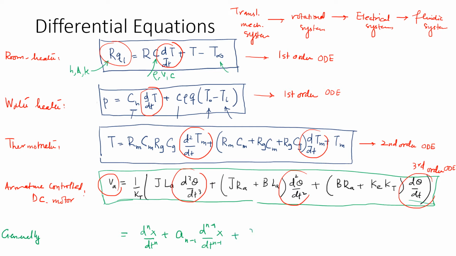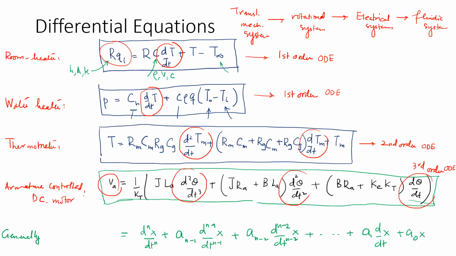Similarly, you can add a_{n-2} d^{n-2} x by dt^{n-2}, and then you can have this whole continuation up to the point where you have a_1 dx/dt, and then added with that a_0 x.